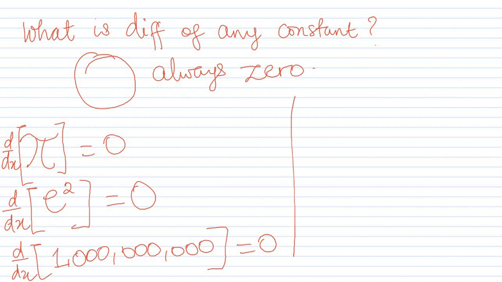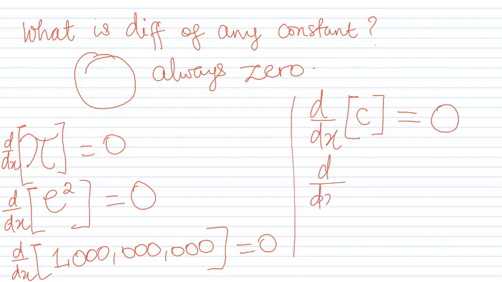What is differentiation of c? In this case, c is a constant because there's no variable of x in this question. That's going to give you 0. What's the differentiation of 1.75 m? The answer is going to be 0 because 1.75 m is a constant. You may be wondering, but m is a variable. No, m is a constant in this case because we're differentiating with respect to x.